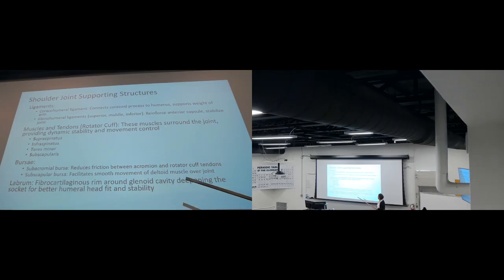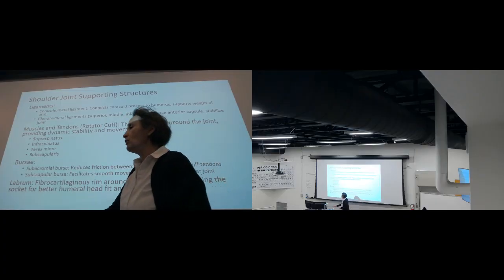The most common type of dislocation of the shoulder joint happens inferiorly because we don't have as much support. And then the subacromial bursae reduces the friction between the acromion and the rotator cuff tendons, and the subscapular bursae facilitates this motion of the deltoid muscle over the joint.